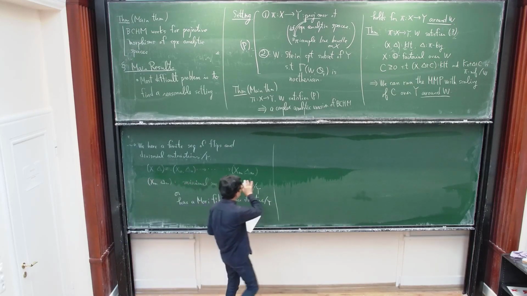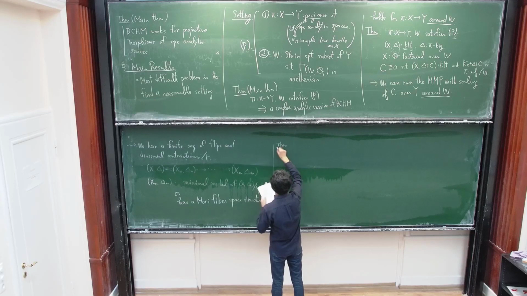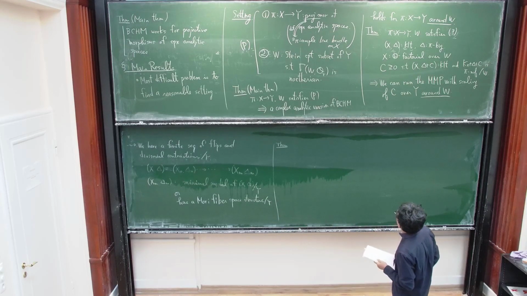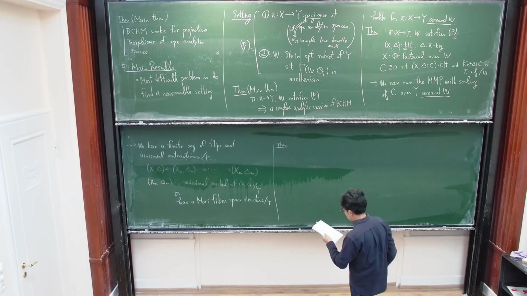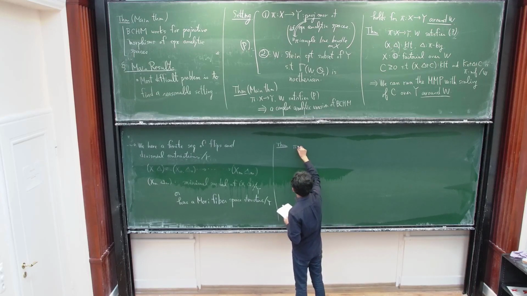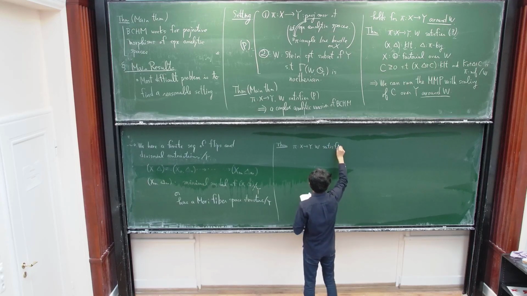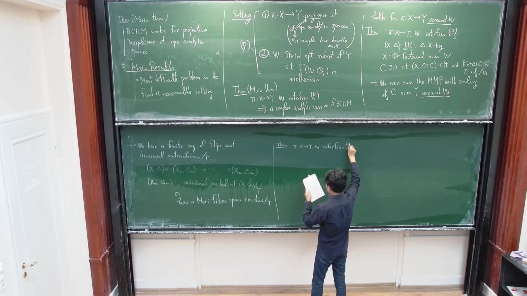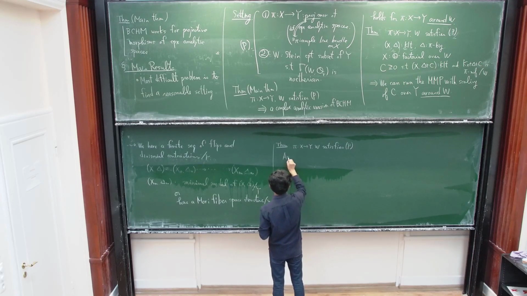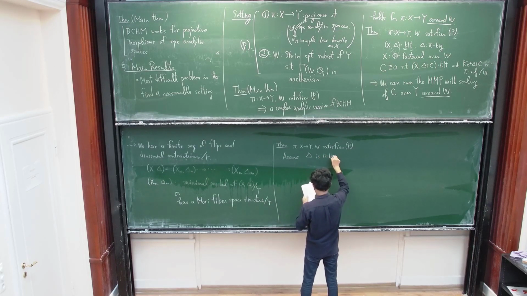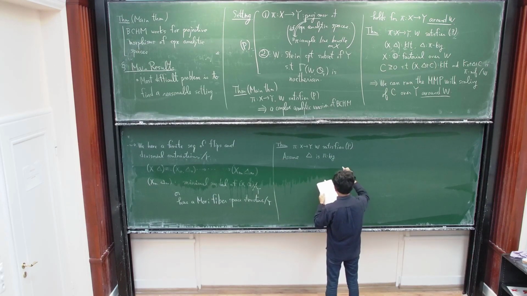And as an obvious corollary of this theorem, of course, these results are obtained by BCHM when X to Y is algebraic. And we assume X to Y and W satisfy property P. And we assume Δ is π-big, and K_X + Δ is π-pseudo-effective.